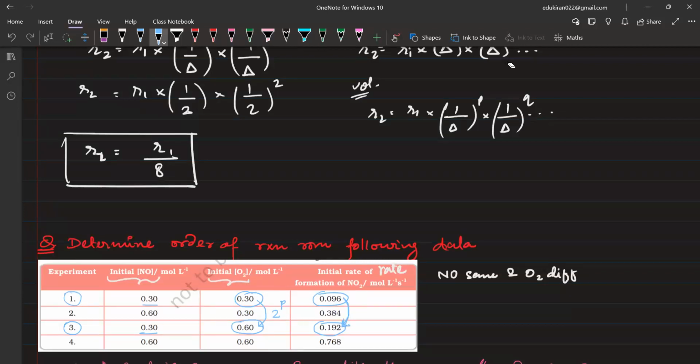Increasing. Yes, but is there any factor by which it is increasing? Is it doubling or tripling? Just look at the last digit of the first experiment. It is 6. The last digit of the third experiment is 2. So what do you multiply by to get it? By 2, correct. Very good. So when we double the concentration of O2, the rate doubles.